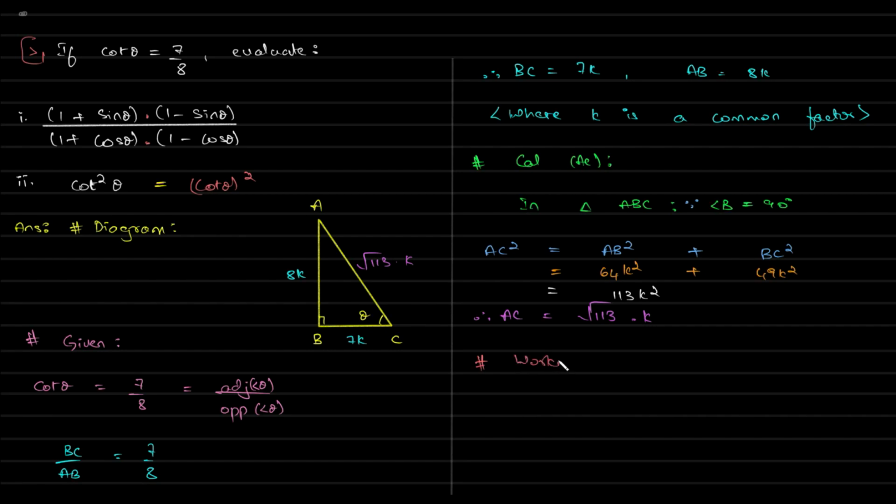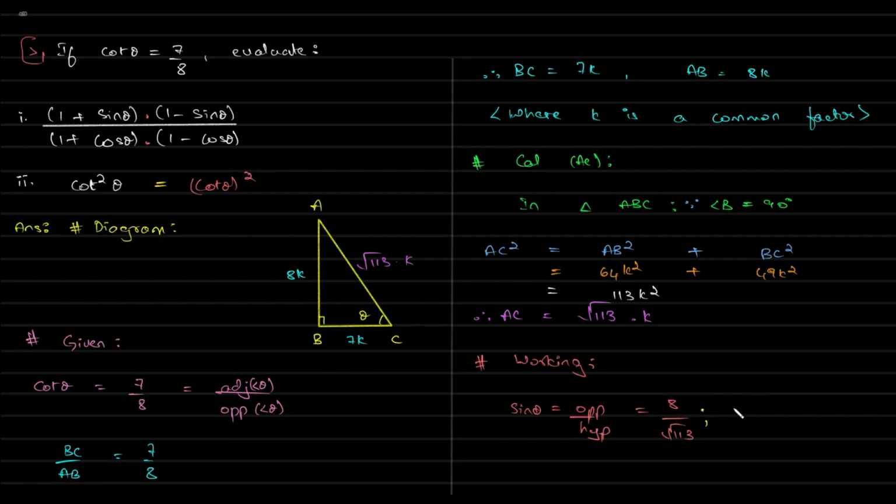Therefore the working is, we have to find sine and cos and cot. That's the whole idea. So we'll start off with finding sine of theta. Sine of theta is opposite of angle theta by hypotenuse. So opposite is 8k divided by square root of 113k. I'm skipping a step, clearly I'm not writing all that k.